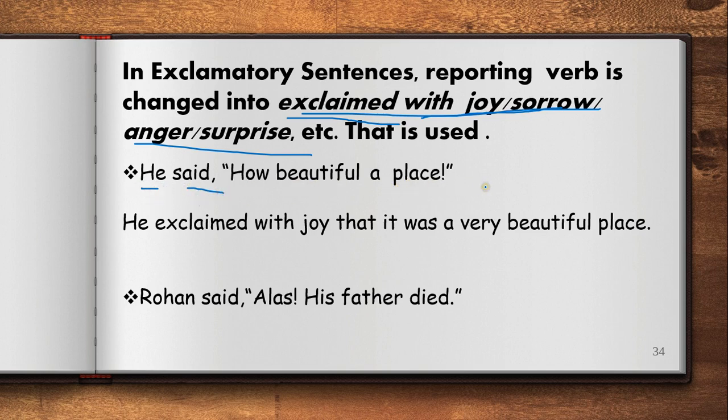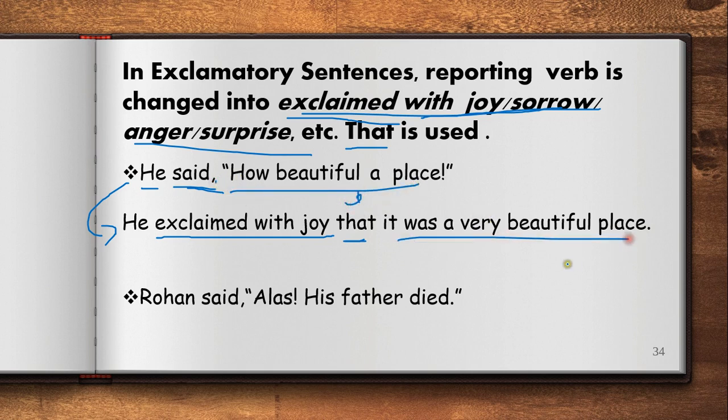Into the indirect: He exclaimed with joy that it was a very beautiful place. Remember, said changes to exclaimed with joy that. This is present tense, this is past tense. There is no more how.